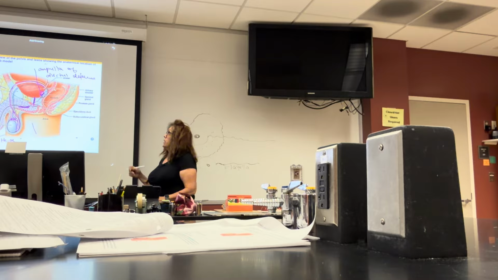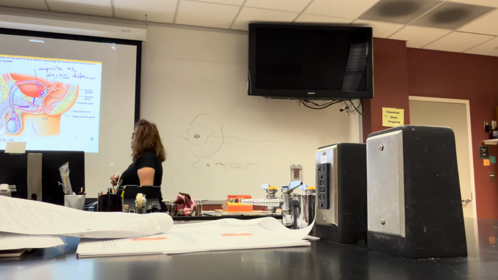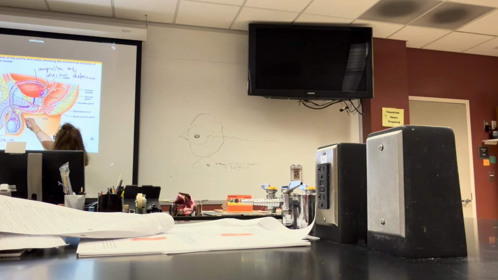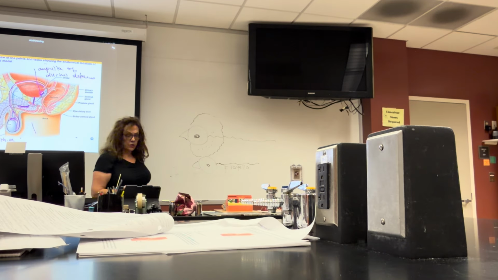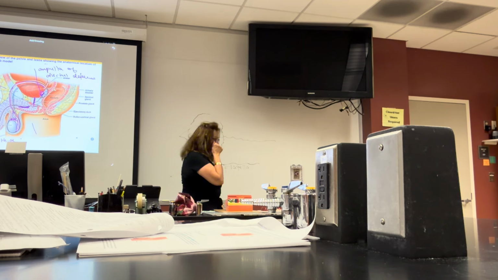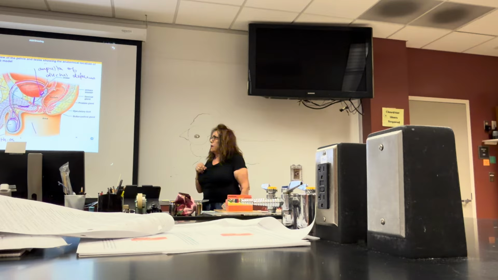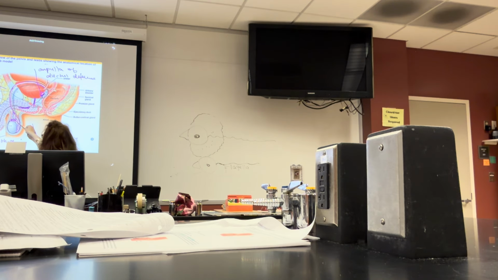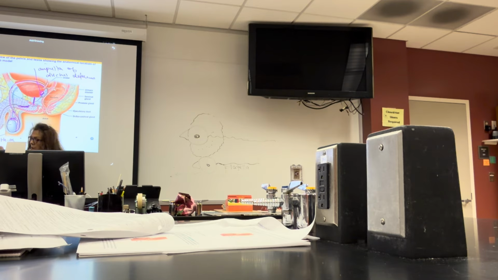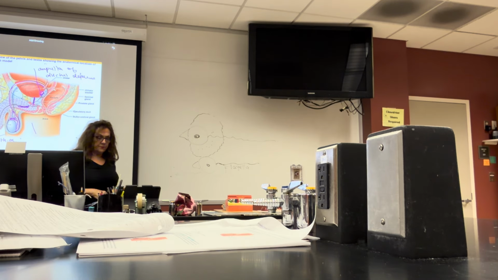Now you should call it the membranous urethra. And then it enters the penis itself. You should call it the spongy urethra. So that's the path of movement of a spermatozoa from the epididymis all the way to outside of the body.